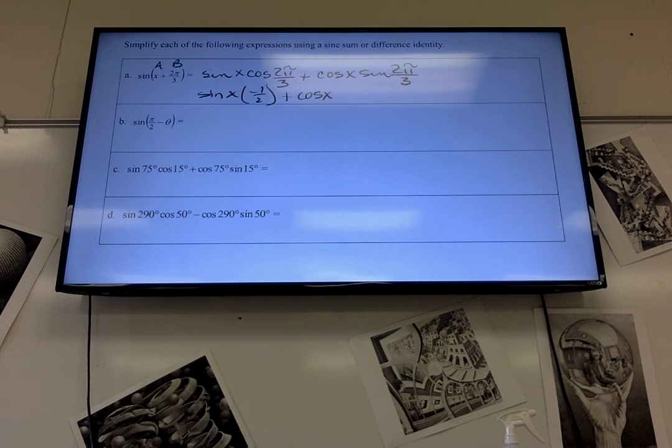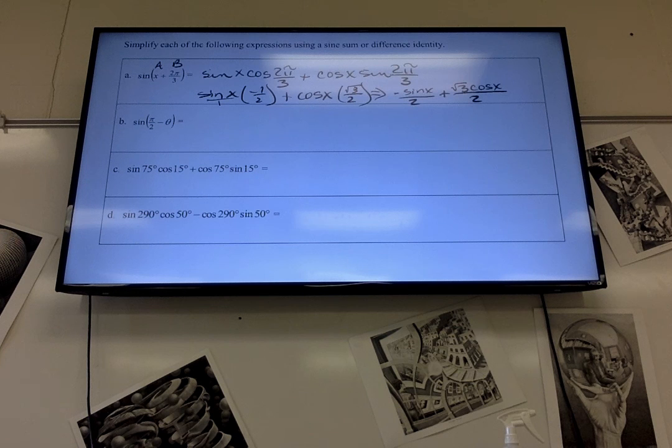Cosine of x times the sine of 2 pi over 3 is square root of 3 over 2. So if I do top times top, it's negative sine of x over 2. It's -1 times the sine of x. And then plus square root of 3 times the cosine of x over 2.